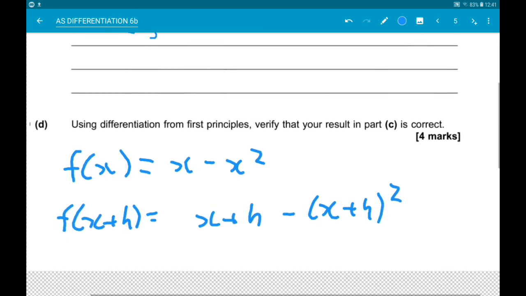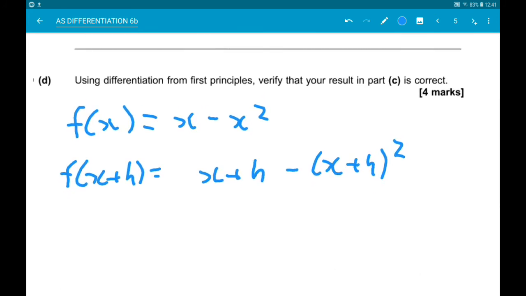So that's x add h minus x squared minus 2xh minus h squared.